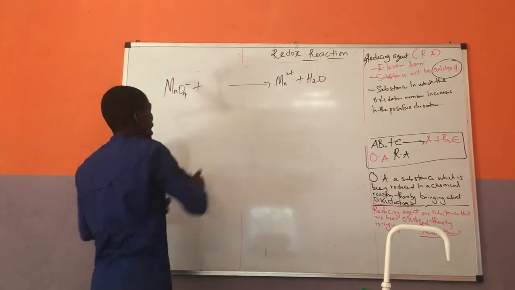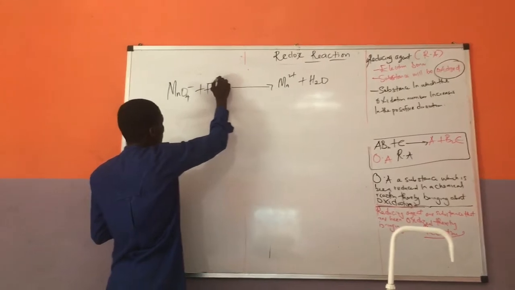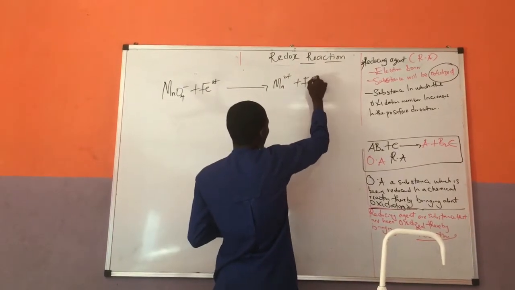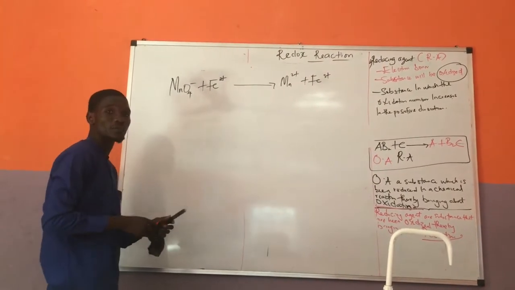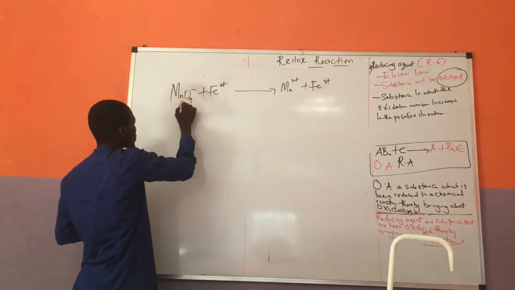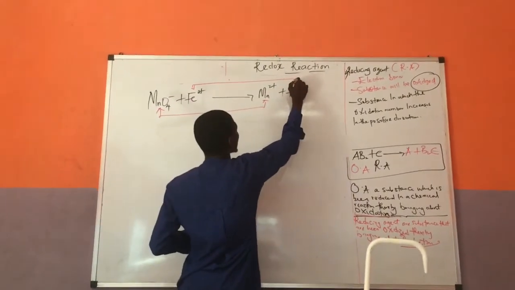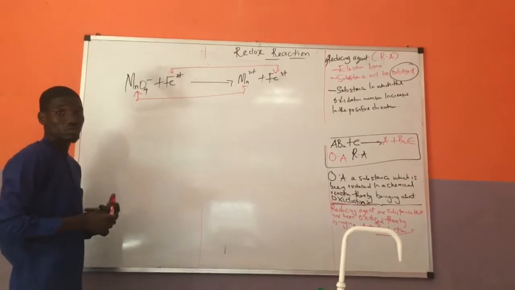So now, let me have iron 3 here. We have iron 2 here. I also have iron 3 here. The first thing you are going to identify here is this. You bring it in this form because we want to talk about the balancing of redox reaction now.